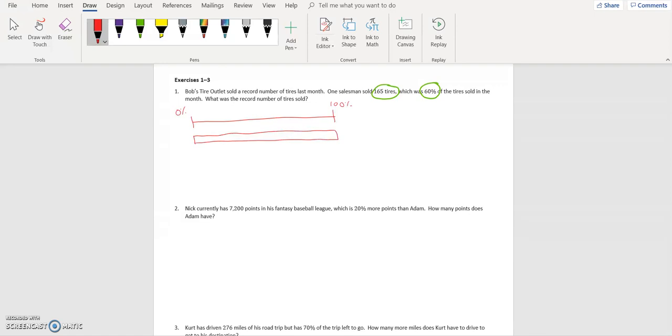And so we have 60%. Okay, so 50% I know is about half, so I'm going to go a little bit more, which would be 60. So this is about 60%. Whoops, that's not where I wanted to write that. I do need that line there. I'm not going to try and erase it. So this is going to be 60%.